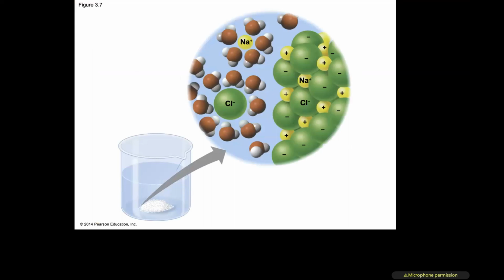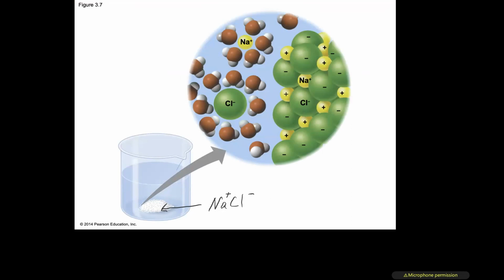So as you can see here, we're looking at sodium chloride, salt. You drop some sodium chloride in your water. Because sodium chloride is ionically bonded, the sodium and the chlorine are going to separate and be surrounded by the water.